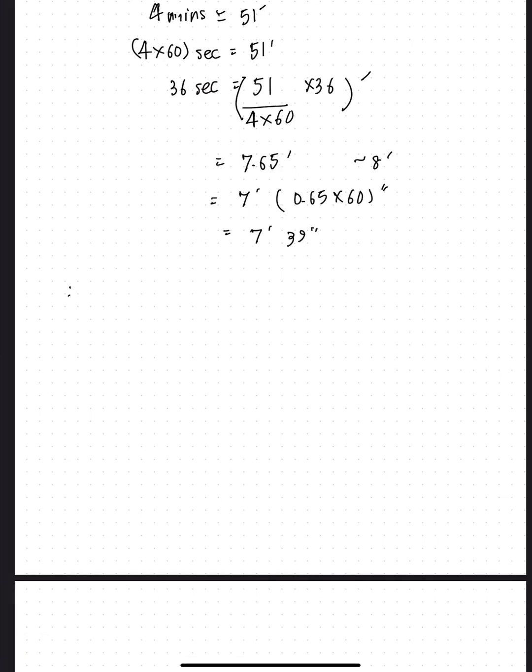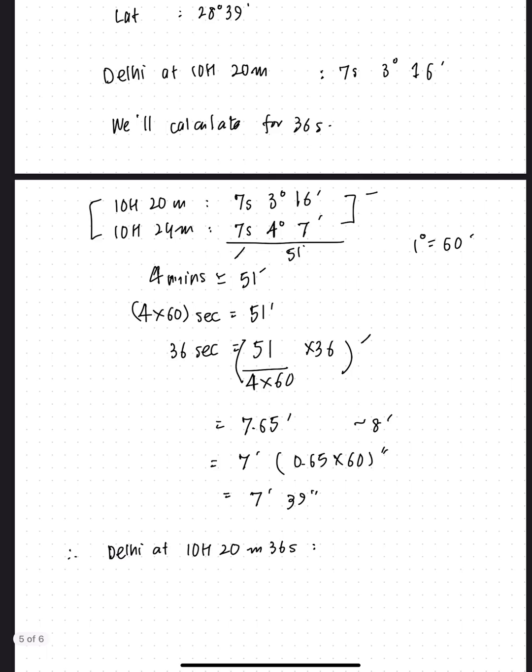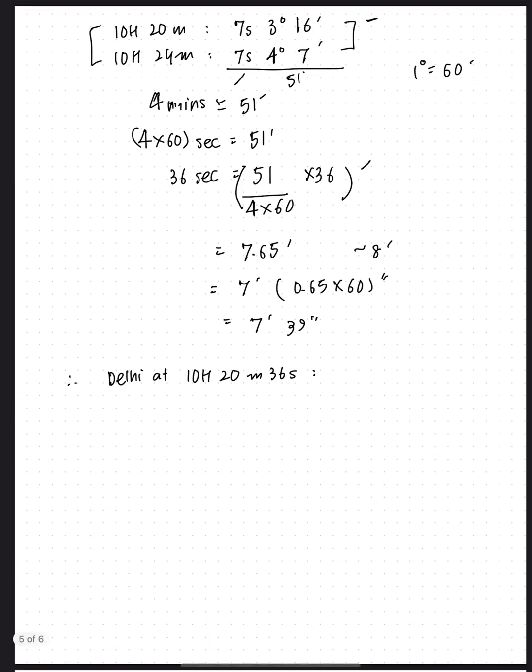So therefore, Delhi at 10 hours, 20 minutes and 36 seconds should be, we'll take the time for 10 hours, 20 minutes, which was 7 signs, 3 degrees, 16 minutes.